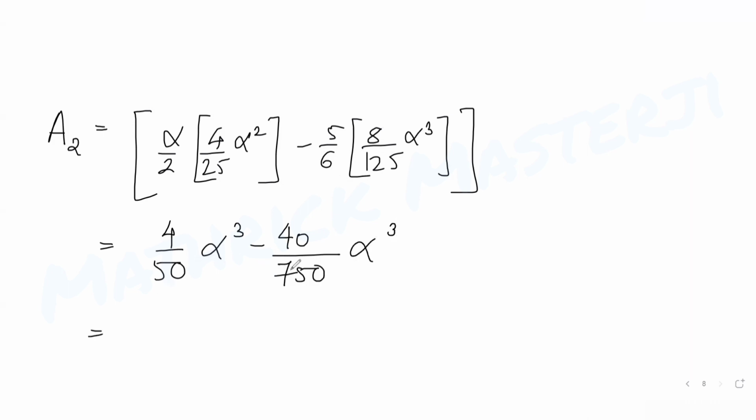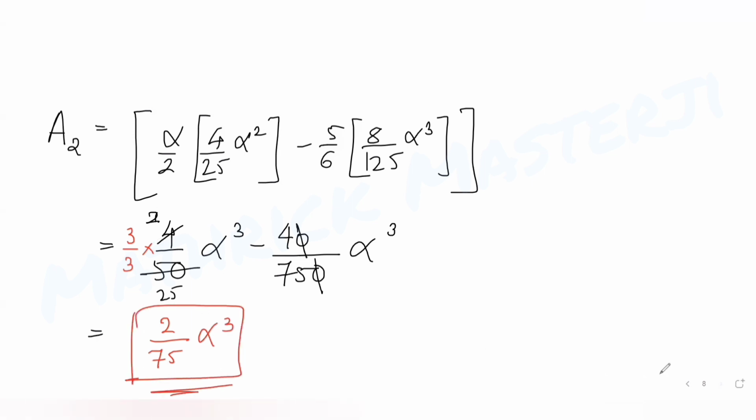Cancelling, to make the denominators equal I multiply accordingly, so you get 6 by 75 minus 4 by 75, which is 2 by 75 alpha cube.